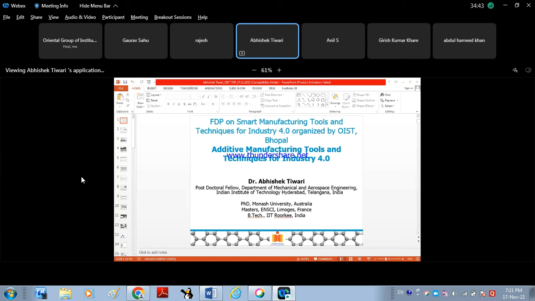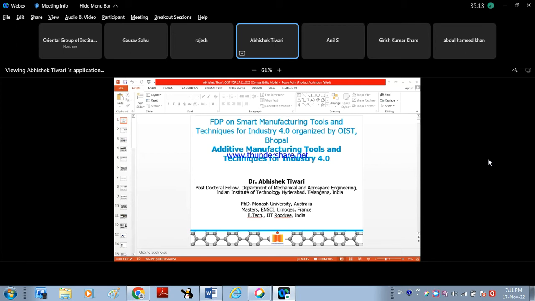So the technology has advanced in recent years, and this is one of the key areas where India is investing heavily, and in fact much ahead of other countries. And in fact, DRDO, DMRL, defense applications are there. So, in fact, the defense ministry in India is also interested in this.